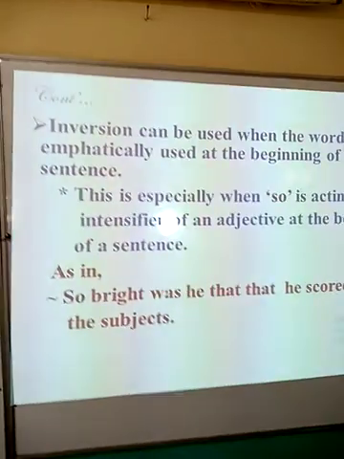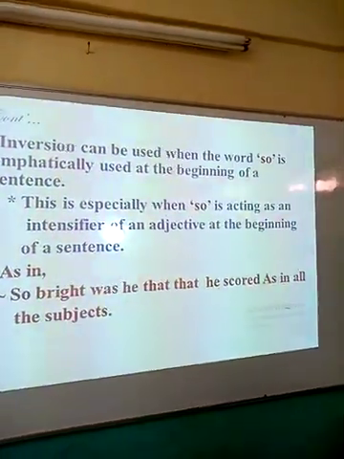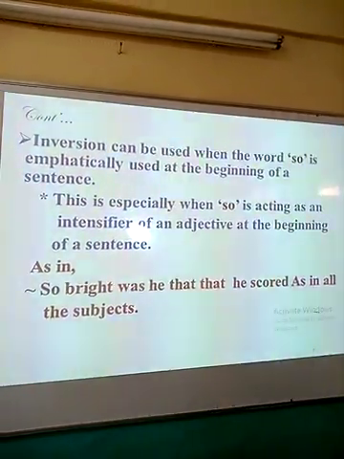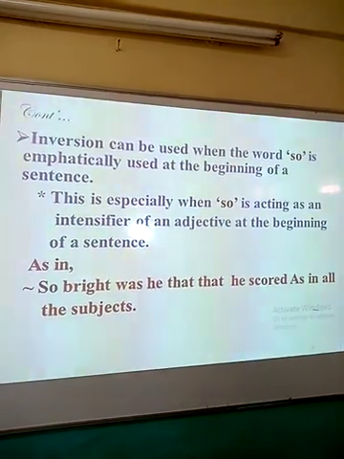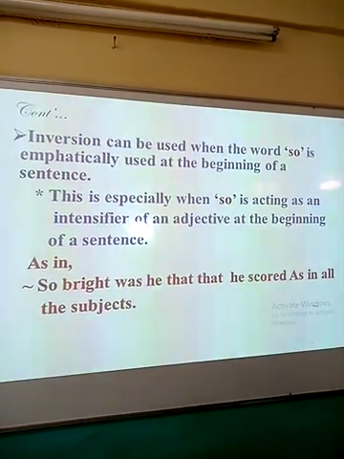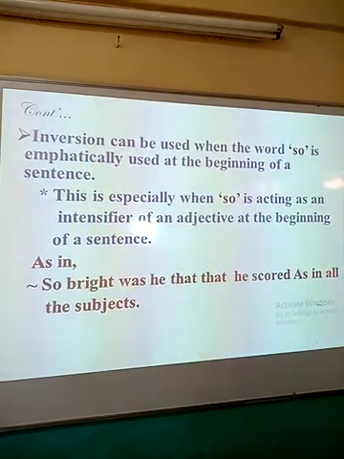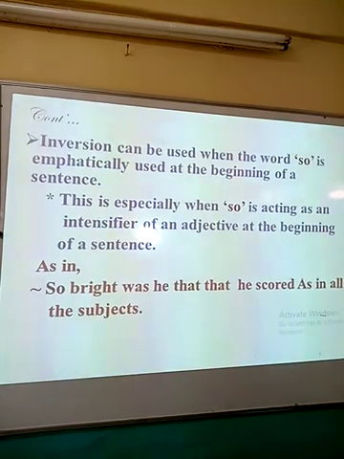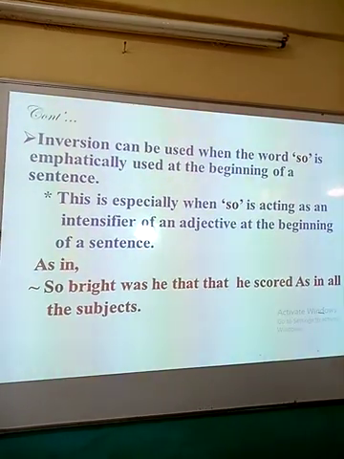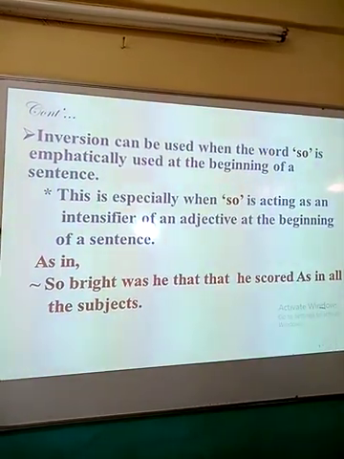Inversion can be used when the word so is emphatically used at the beginning of a sentence. This is especially when so is acting as an intensifier of an adjective at the beginning of a sentence. For example, so bright was he that he scored A's in all subjects.